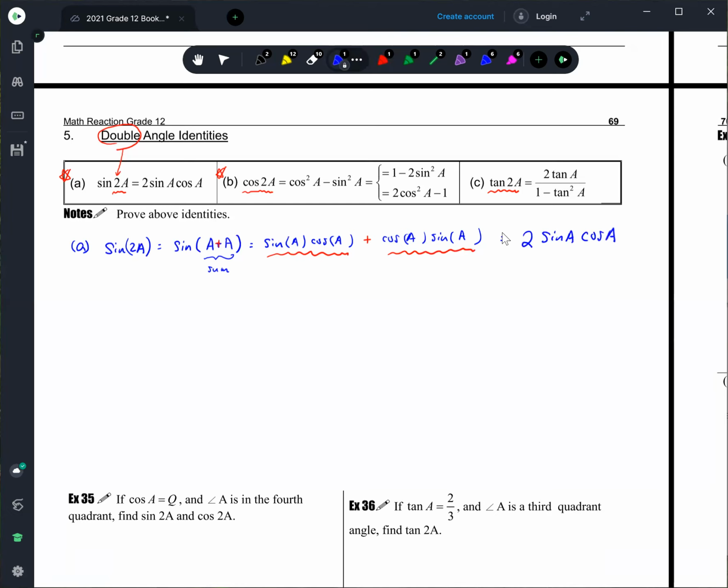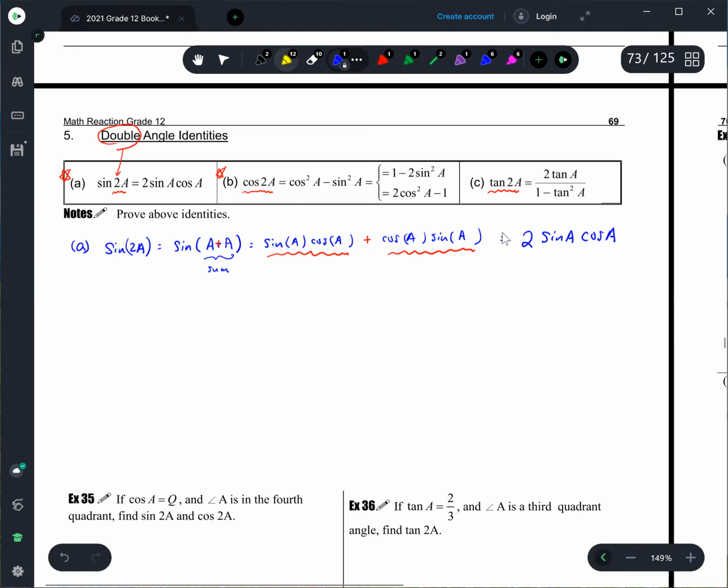So how do we use it? What's the point of using the double angle? Sometimes the angle they give you is not special, but after you double it, it becomes special. Then we can use it to simplify and find the exact value.